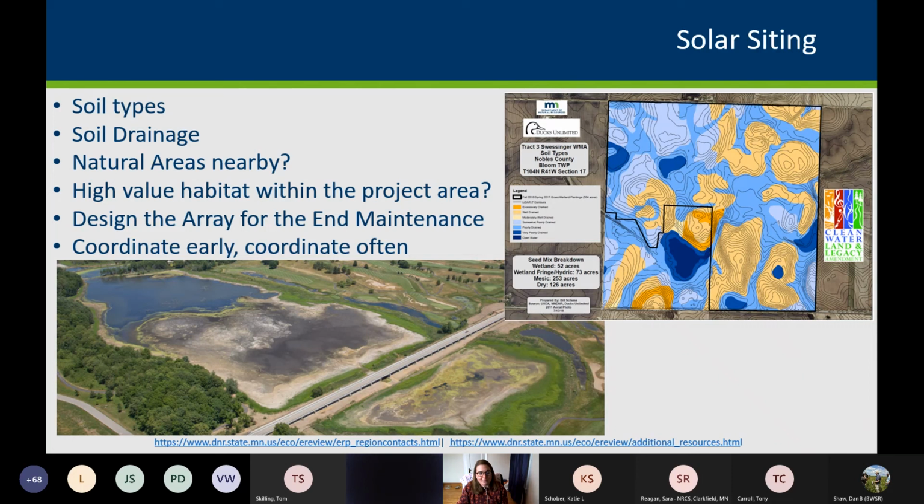And I love this example, and I can talk about it because it's not a Minnesota example. If you look at the photo here, this is an example of Celery Bog in Indiana, where I moved here from. And I can say this too, because I went to Purdue University. What they wanted to do was build a road going across Celery Bog.